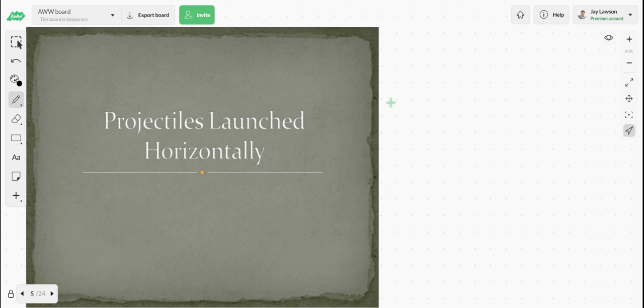Well, in these problems, they're not going to have a full parabolic path like that. I'm not an artist. It's not going to have a full parabolic path.